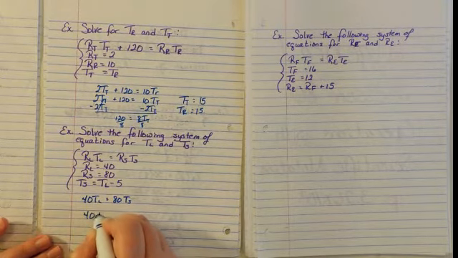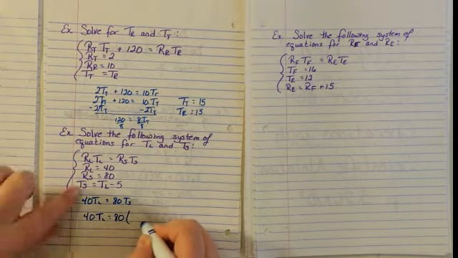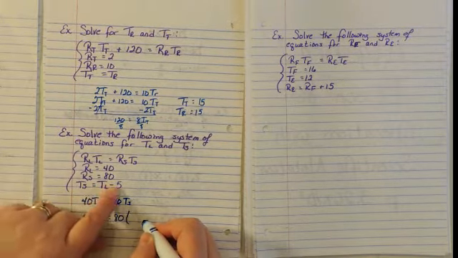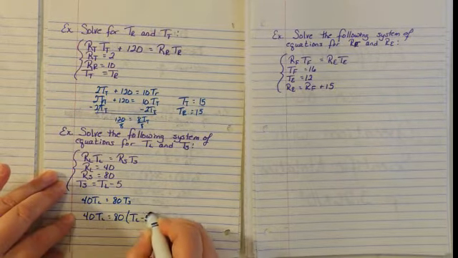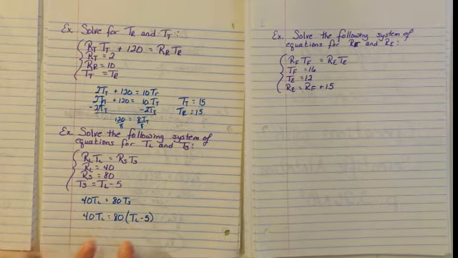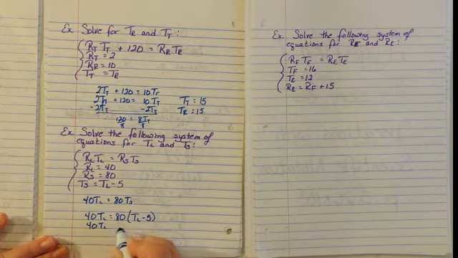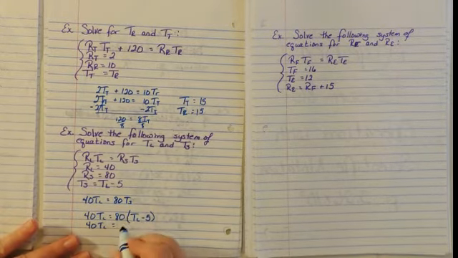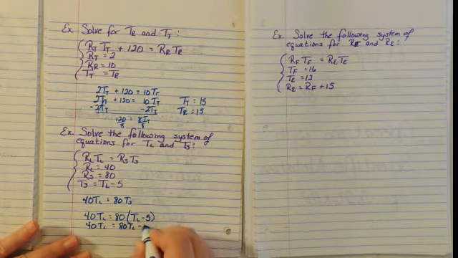So we're going to leave this side as it is and say 80 times, and for the time of Sam, we're going to substitute this. And now the only variables we have in this equation are the time of Larry, and we can solve for that. So we have 40 times the time of Larry equals, we're going to multiply this through, 80 times the time of Larry minus 80 times 5 is 400.